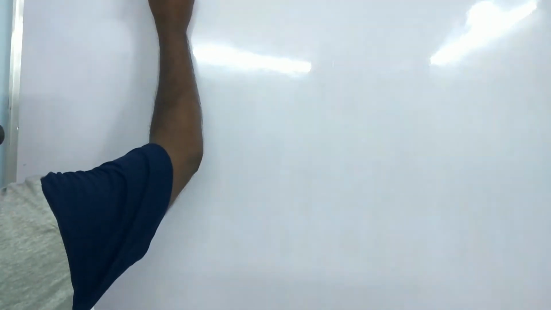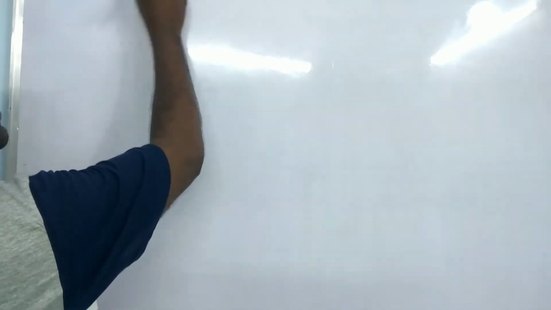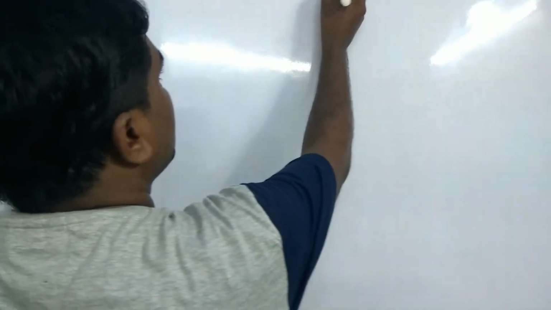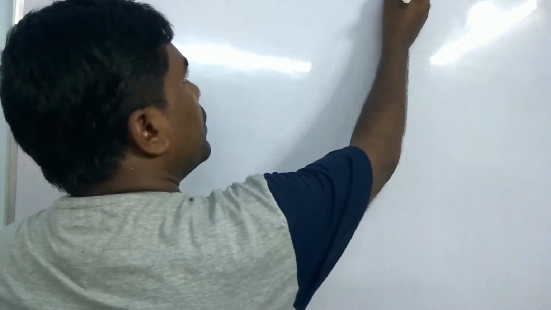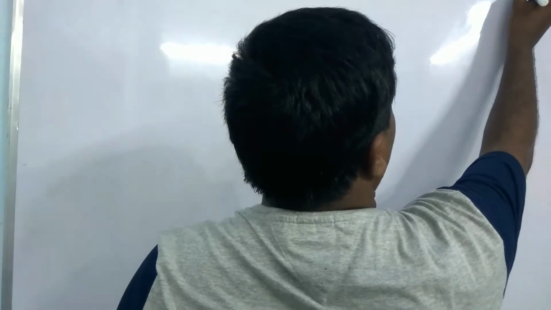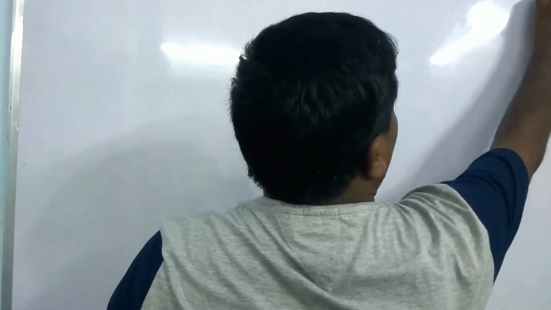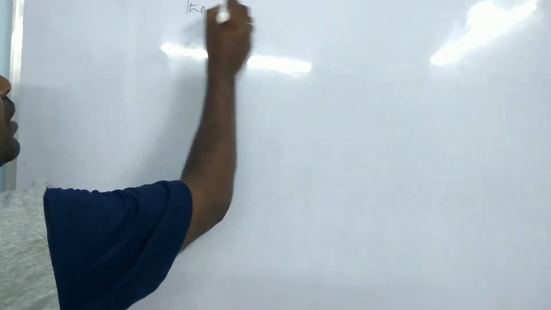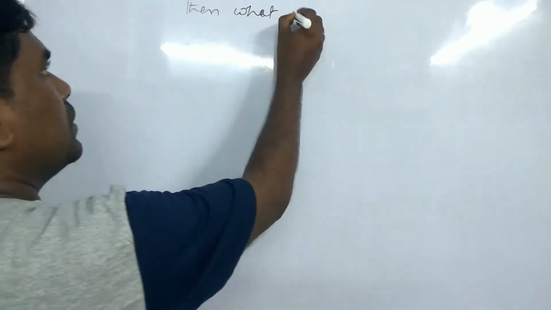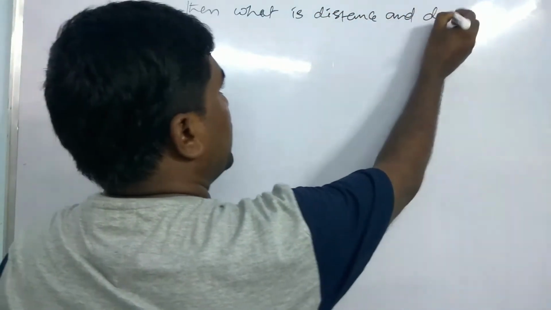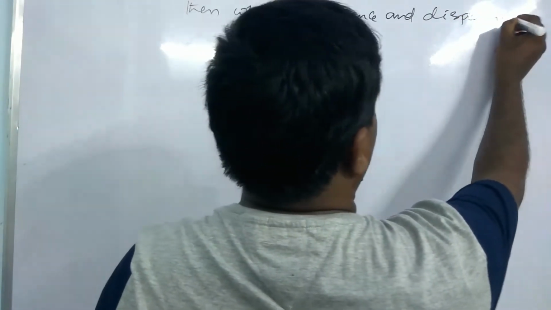For example, if a man can walk 3 meter east and 4 meter north, then what is the distance and displacement?